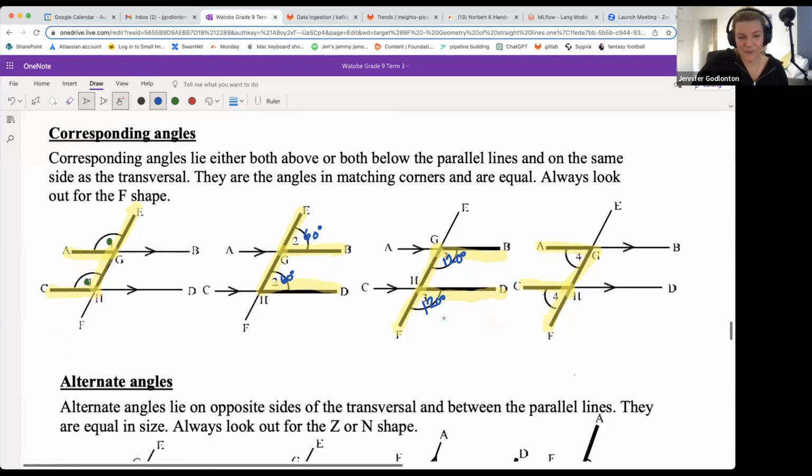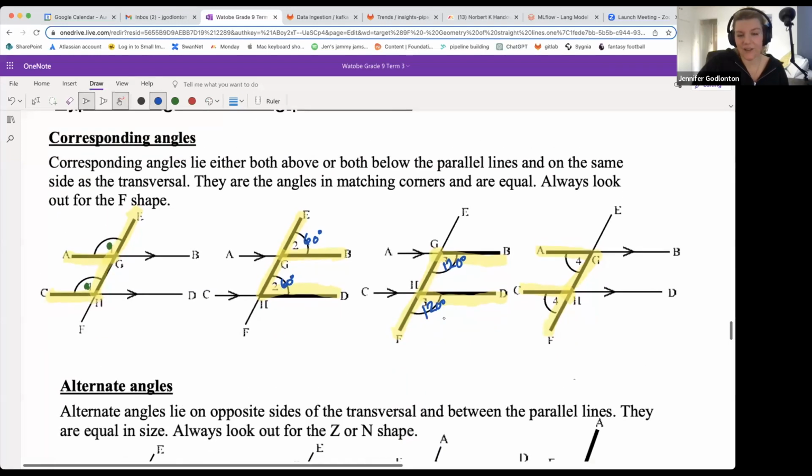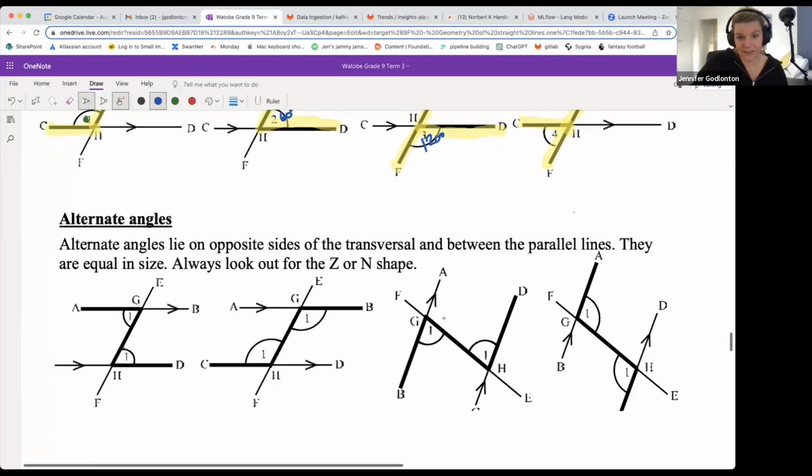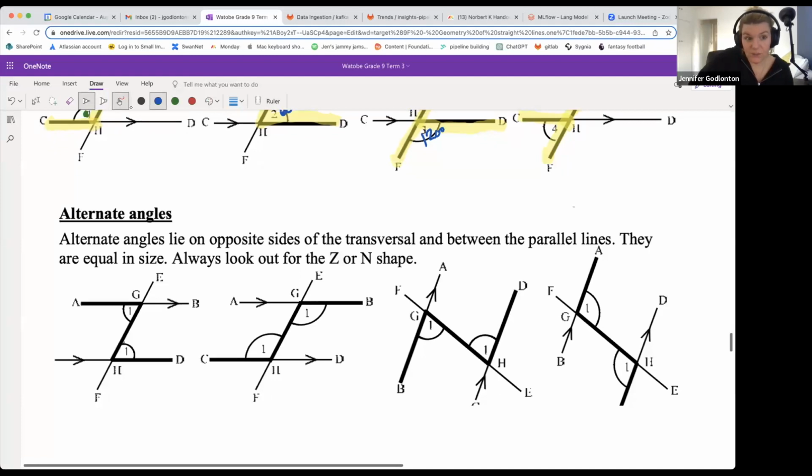Okay, the next one we have is alternate angles. We're going to write something to summarize this in a moment, but this is just to see what they all look like. Alternate angles are when we can find the letter Z. So here's my one parallel line, my other parallel line, and my transversal. Parallel line, transversal. Parallel line, transversal.